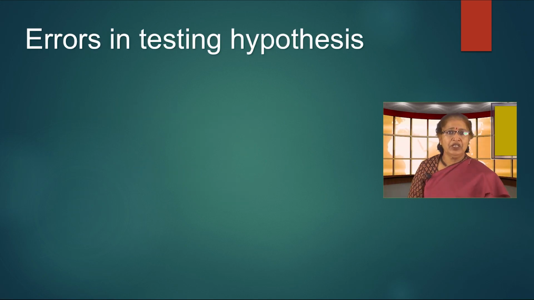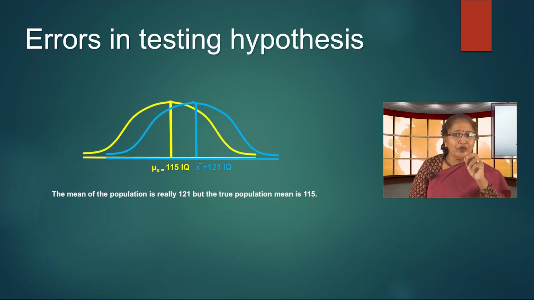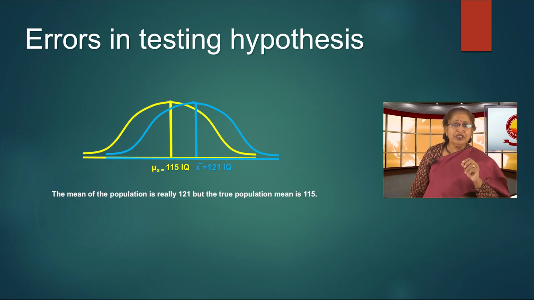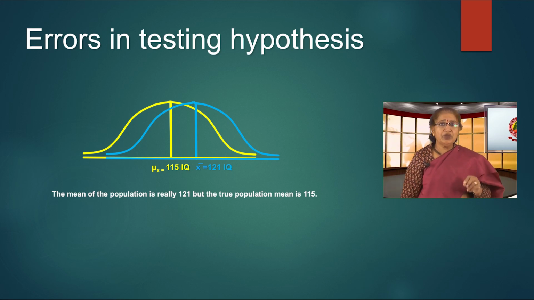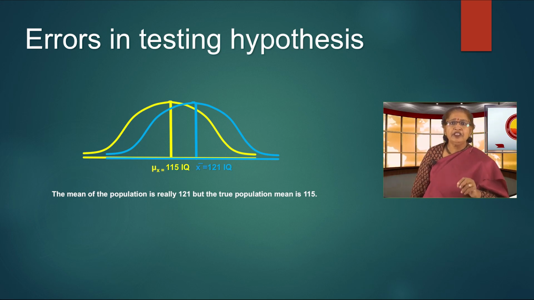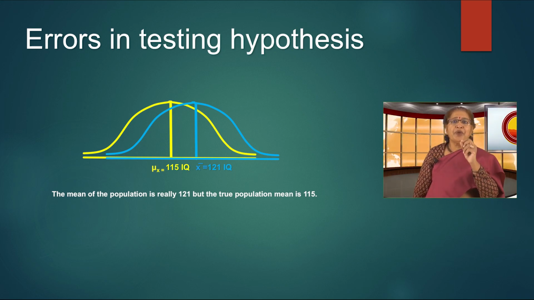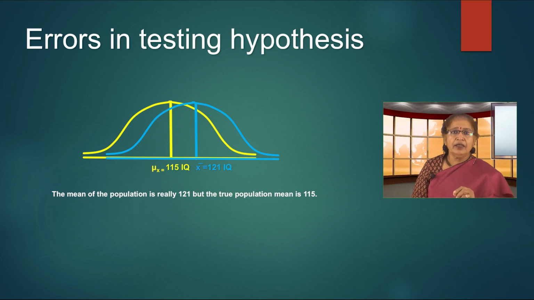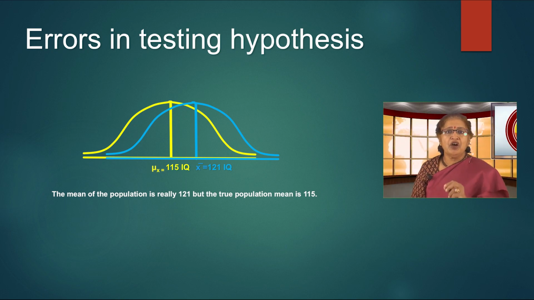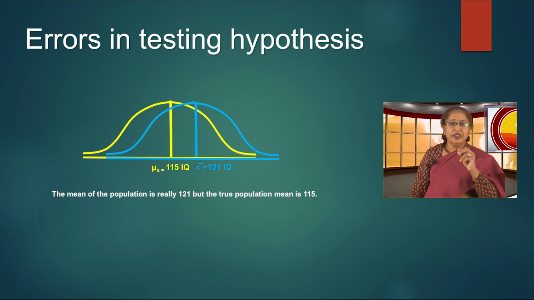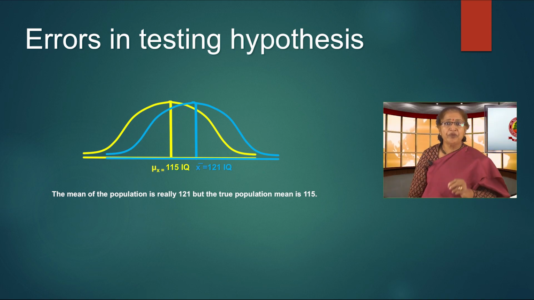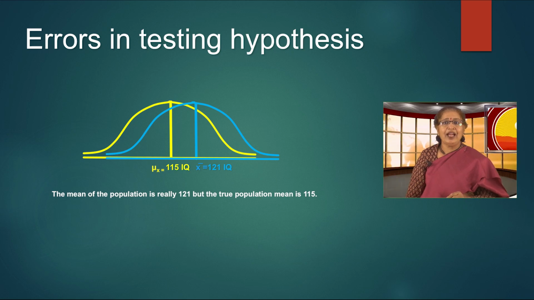This you may see on the screen where two sampling distributions are shown. The true distribution is shown with yellow lines and centered on 115, the true population mean. The other is the sampling distribution of the mean that would occur if the null hypothesis is true. It centers at 115.